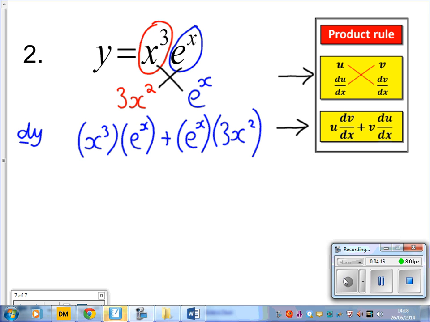So dy dx is given. Just going to tidy it up a little bit, and I'm going to bring the second term, I'm going to bring this 3x squared to the front, just so it follows the same pattern for each term.